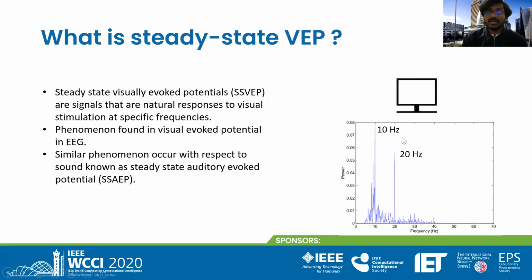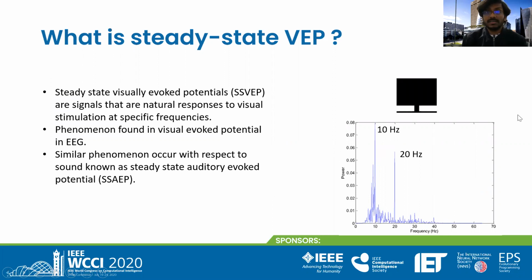You will see 10 Hertz in the signal, and of course the following repeated pattern of the 10 Hertz: 10, 20, 30, 40, 60 Hertz. This is the phenomenon which occurs with SSVEP every time.